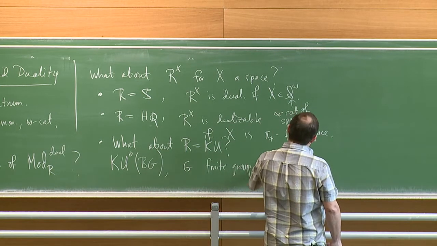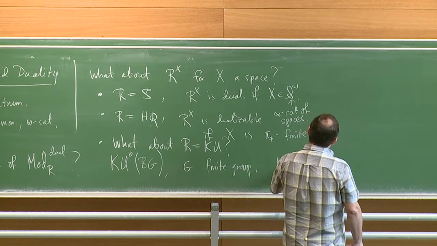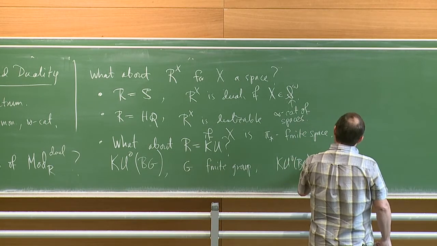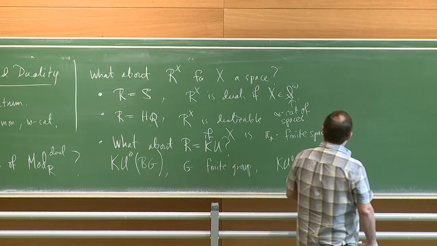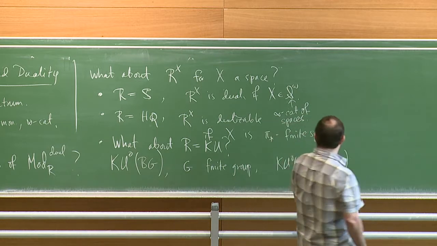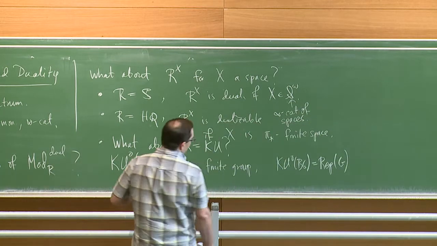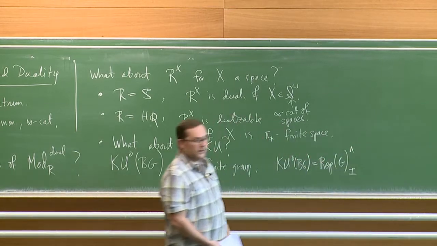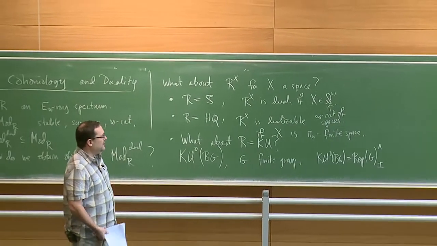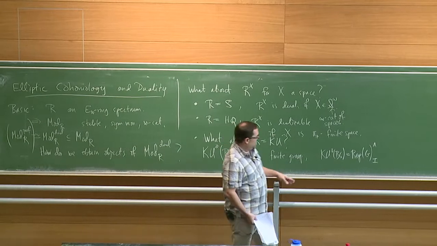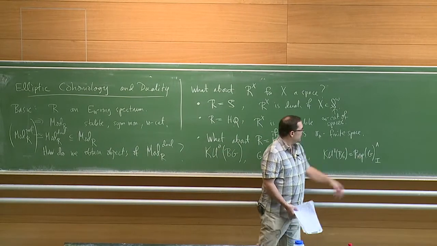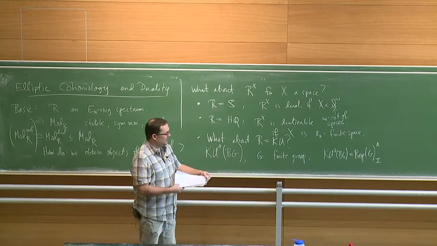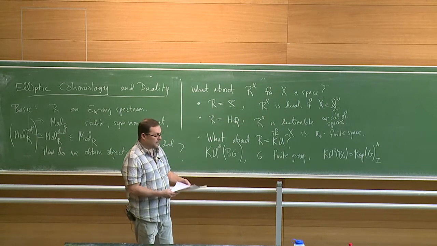We know that in degree 0, this is just the representation ring of G, completed at the augmentation ideal, which already is going to tell us that this is going to be pretty large as a KU0 module.